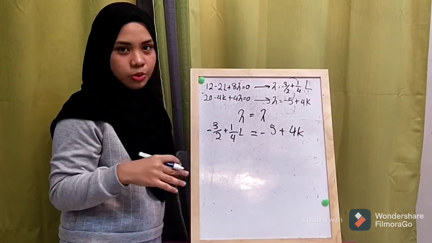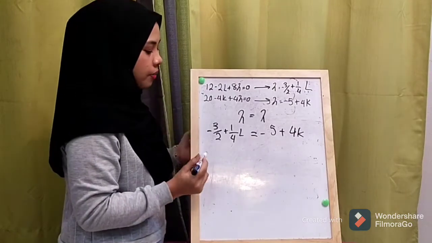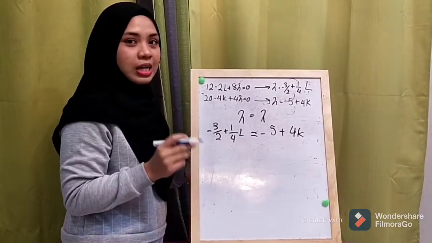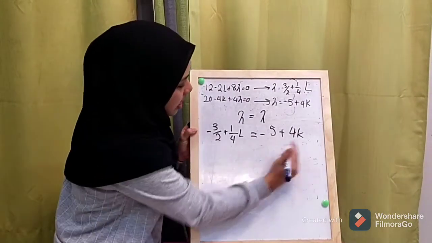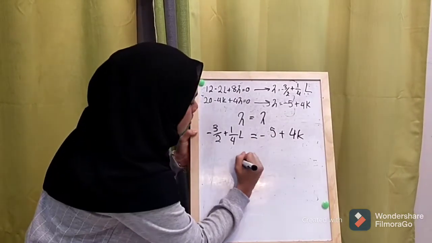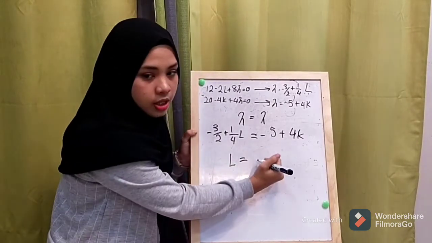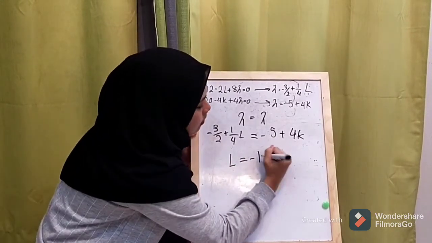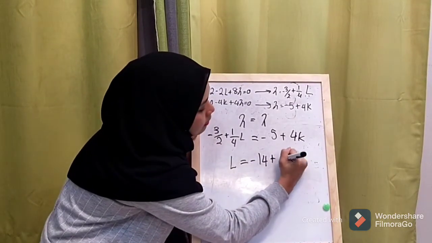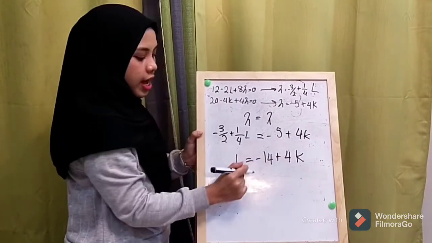It's up to us whether we want to make K or L singular, so I will choose L to be singular. From that, I'm going to make L singular on the left side. At the end of the solving, it will be negative 14 plus 4K. So here we get the value of L for a while.